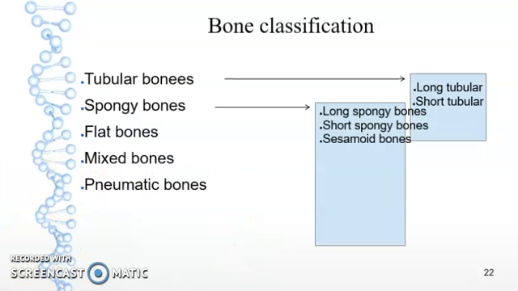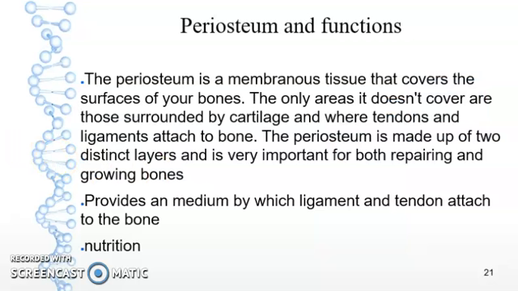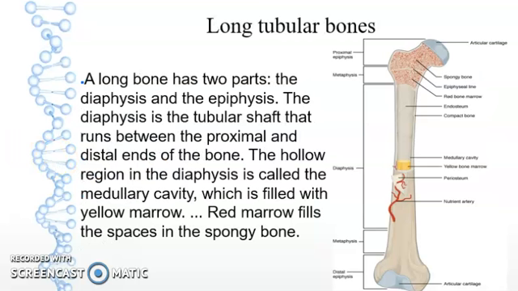So guys, you must see how complicated our body system is. We have the bone classification here: tubular bones, spongy bones, flat, mixed, pneumatic. It's about the long tubular bones. It's just to read. You can simply read here, nothing special.